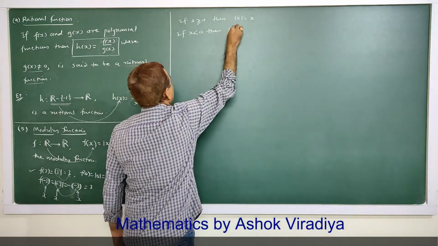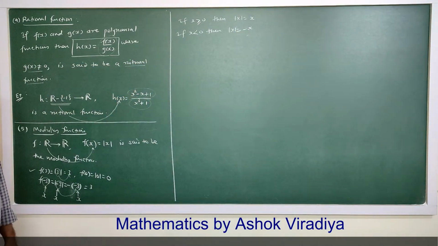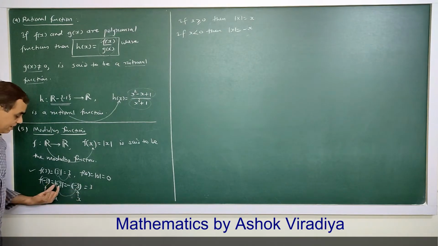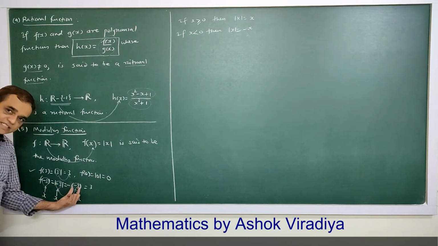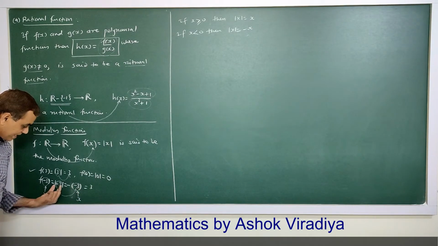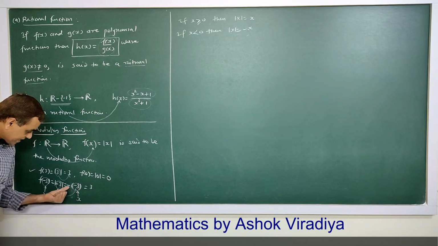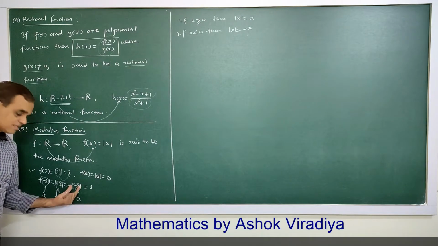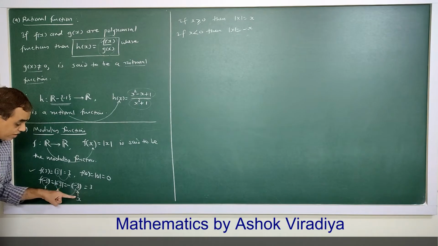Modulus always gives positive, but if you keep any negative number in this machine, then what it does: this is x, same, minus 3, x. But before this x, it keeps one extra minus. So minus of x. In the value of x, the minus is visible, not in x.